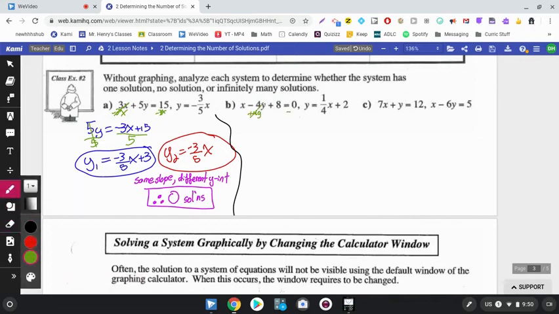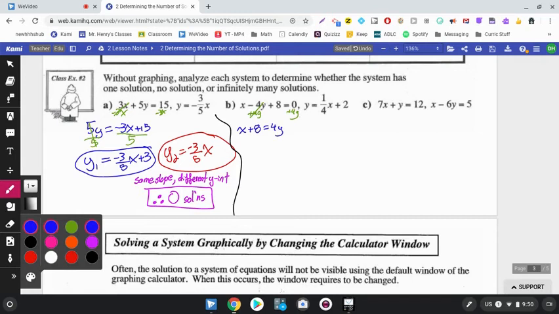Add 4y to both sides. 4x plus 8 equals 4y. And here I'm going to divide by 4. 1/4 x plus 8 divided by 4 is 2, is equal to y. Or maybe you rewrite it the other way because that's a bit more comfortable: y equals 1/4 x plus 2.